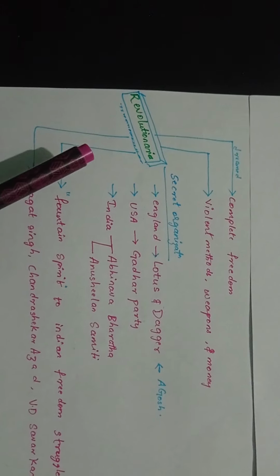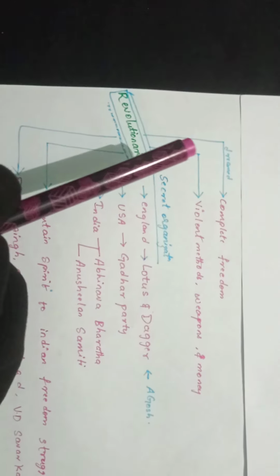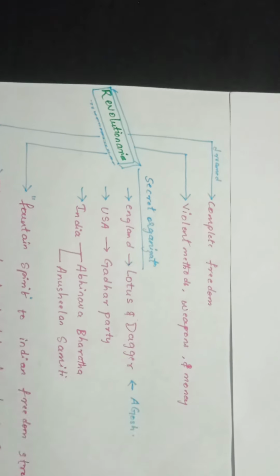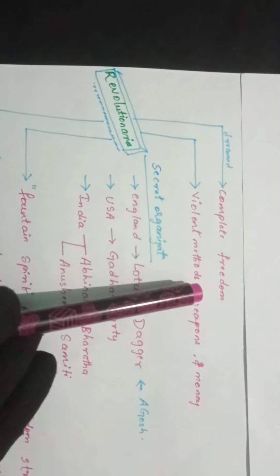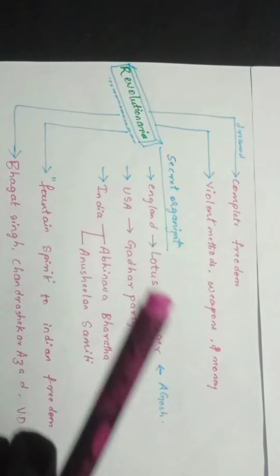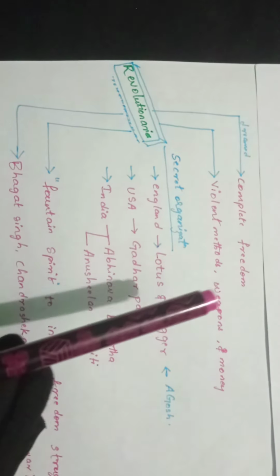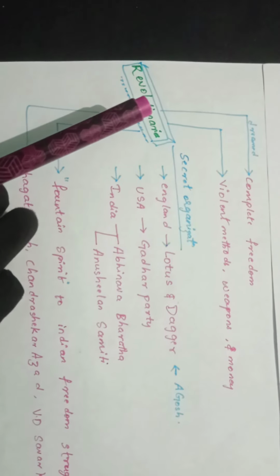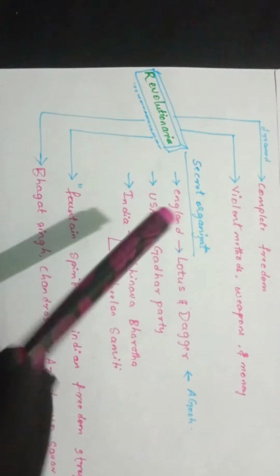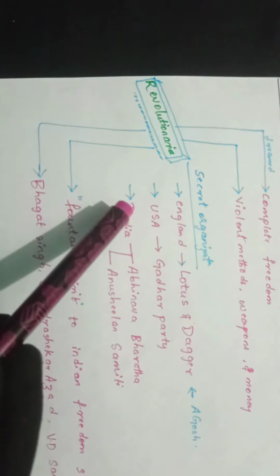Okay, next topic, revolutionaries. As mentioned in NCERT, they dreamed of complete freedom. They had violent methods, weapons, money and all. If these words come anywhere, remember it is relevant to revolutionaries. They set up secret organizations in three places mentioned in NCERT: England, USA and India.